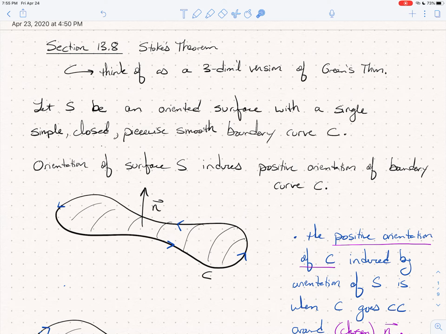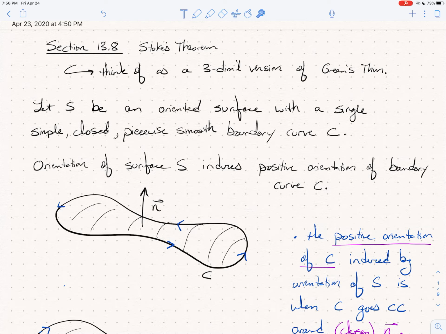So the point that I want you to see is this. When you have a surface, it's two-sided, and you've chosen an orientation, then you've chosen a normal vector for your surface. You've chosen which side the normal vectors go on. There's two choices. You've picked one of those.